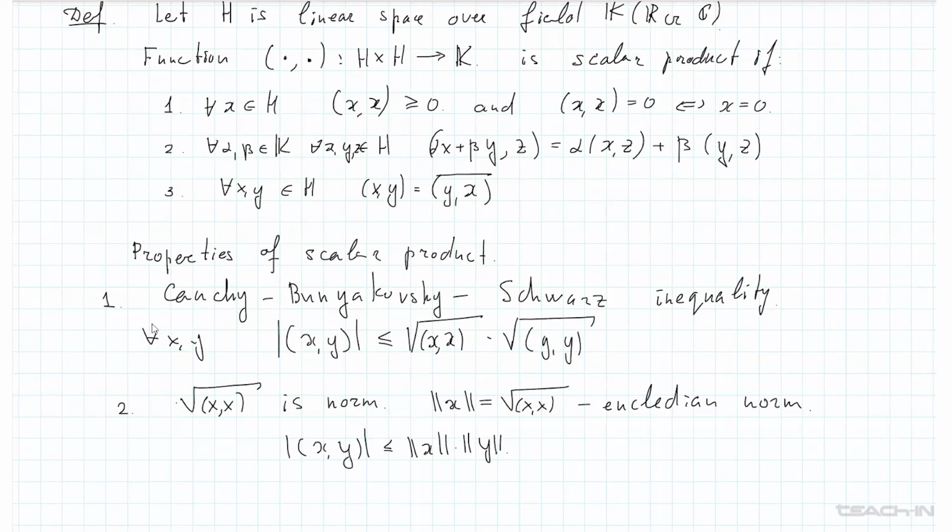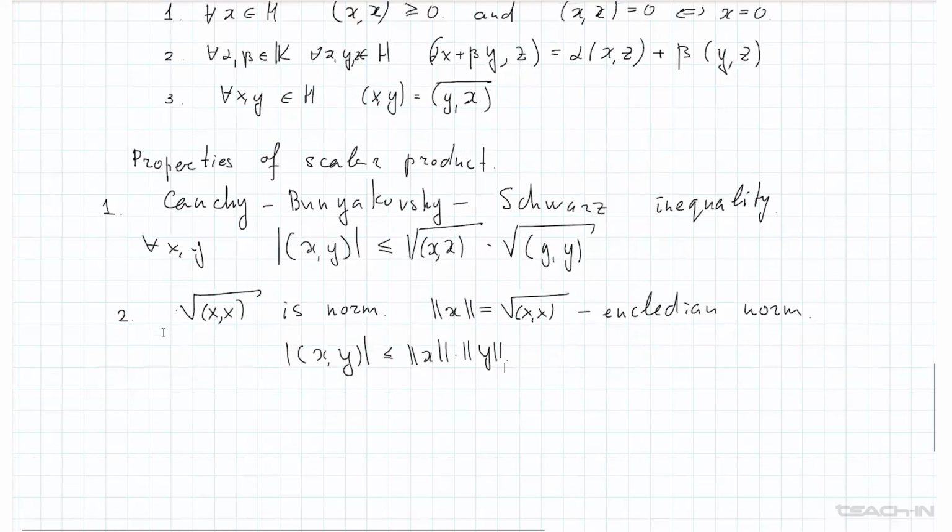Who can tell me for what vectors x and y you can obtain equality in the Cauchy-Bunyakovsky inequality? If the vectors are collinear. Yes, if the vectors are collinear or linearly dependent, and the particular situation x equal to y.